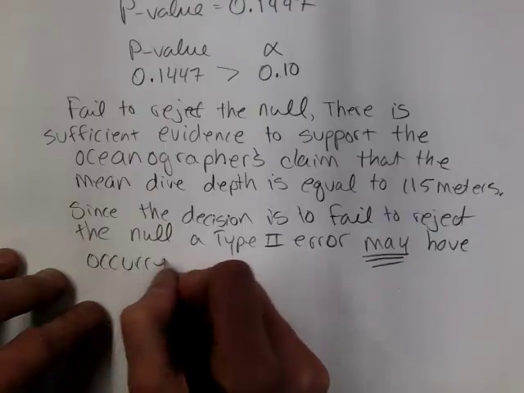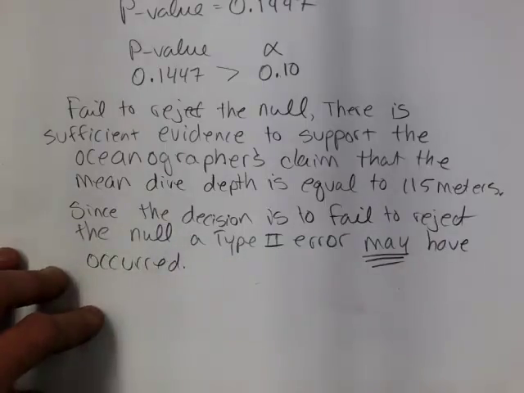In other words, we could have failed to reject the null when the null is really false. But again, that's not an intentional error, and it doesn't mean that it absolutely did occur. We set alpha so that it's not likely to have occurred.